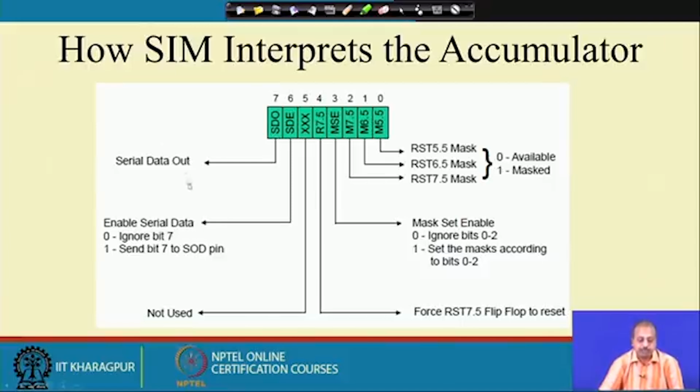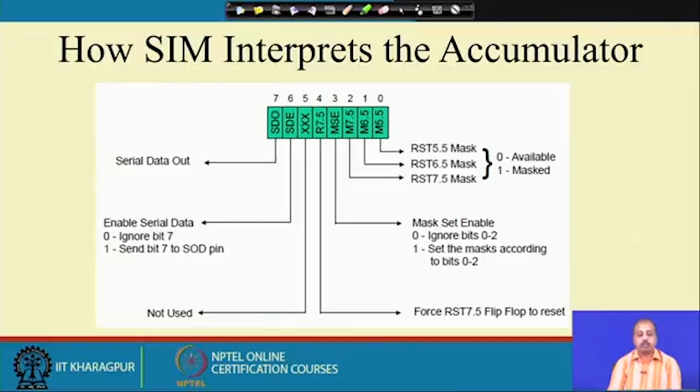Now, the SIM instruction also helps in another operation, which is known as serial data transmission. We will see it after some time. The first two bits, SDO and SDE, are for serial data input output type of operation.